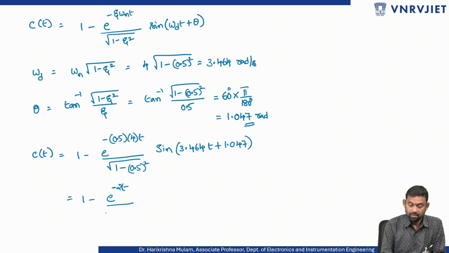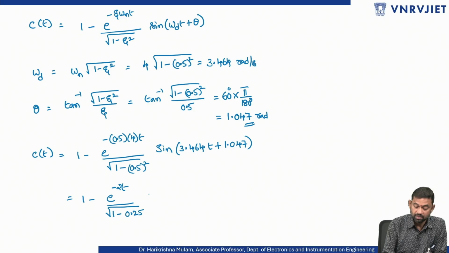divided by square root of 1 minus 0.25 into sine of 3.464 t plus 1.047.